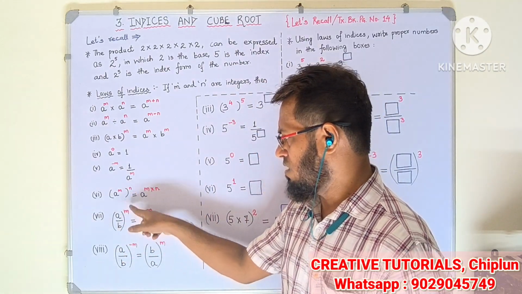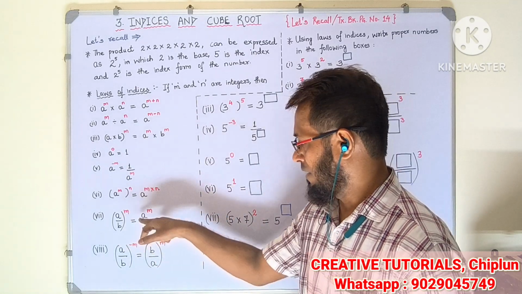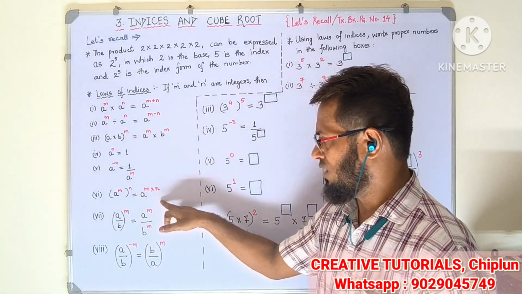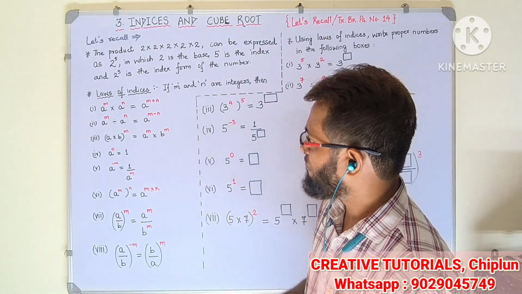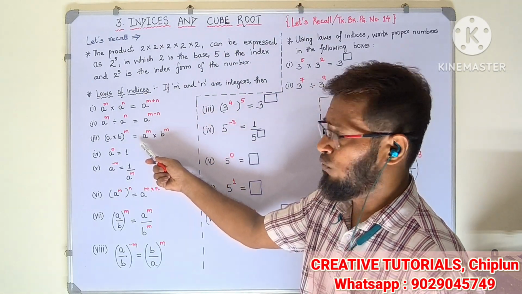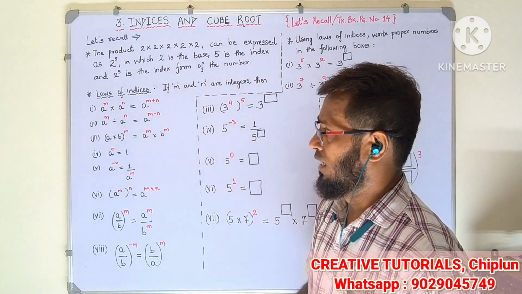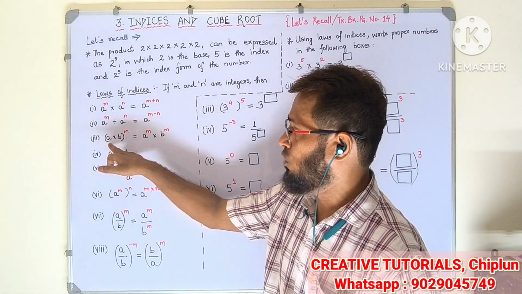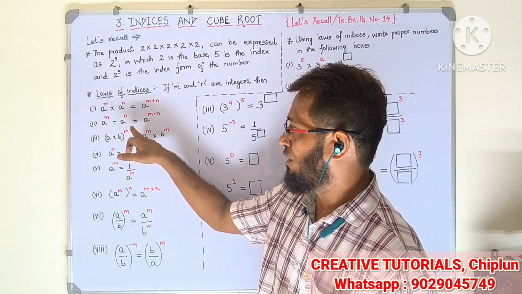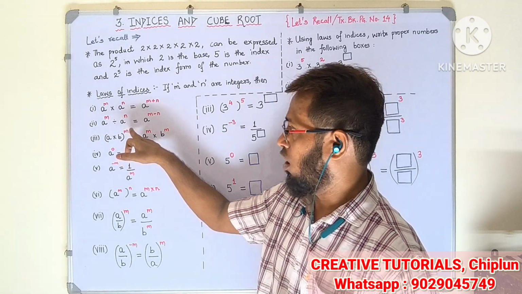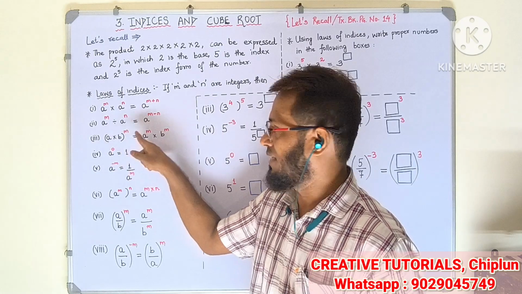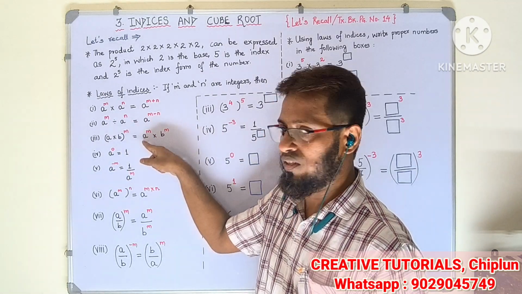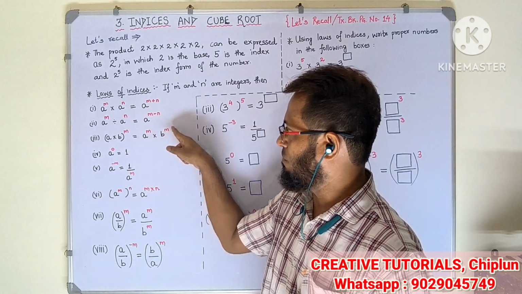If a upon b is raised to m, then that is equal to a raised to m upon b raised to m. It is the same as your rule number 3. We had seen that when two numbers are multiplied with one common index m, that common index m goes along with both the terms of the bracket. See, a raised to m came with a, multiplied by b raised to m.